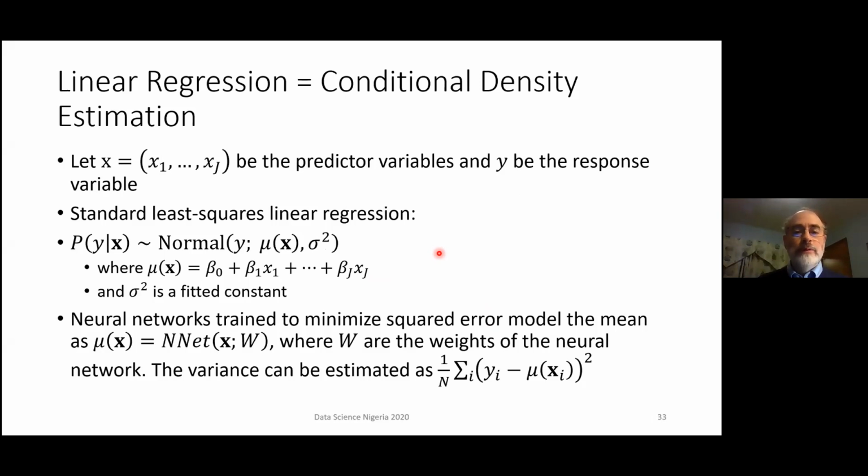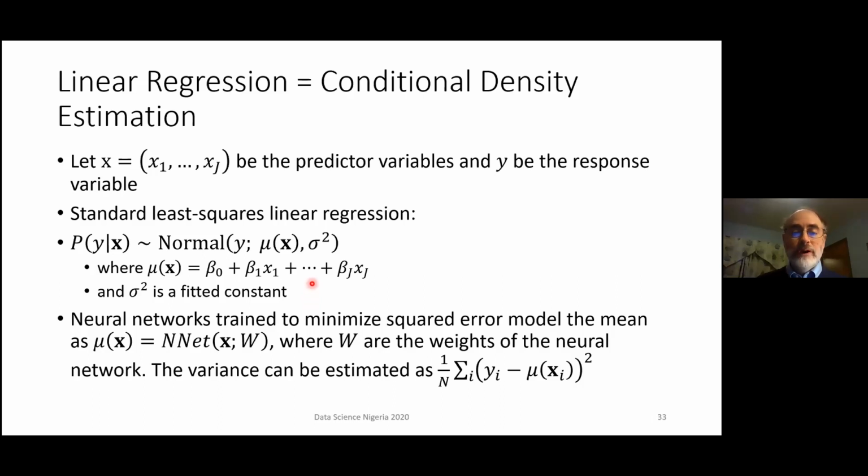So if we were doing standard least squares regression, that models the probability of y given x as a normal distribution with a mean that varies depending on x, because the mean is computed as a linear function of the x's, where these beta naught and beta 1 are the learned weights that define the mean function, and the variance is assumed to be a constant that's fitted to the data.